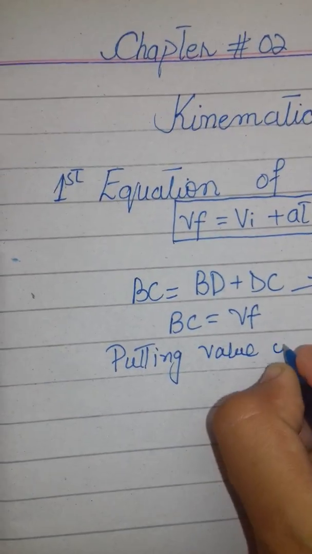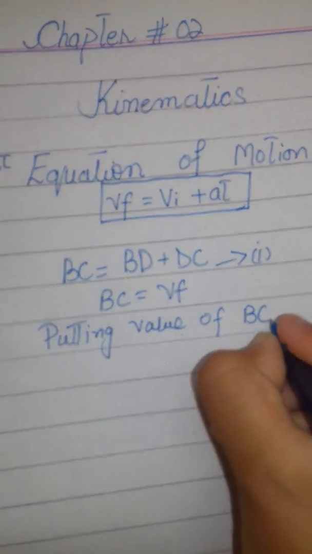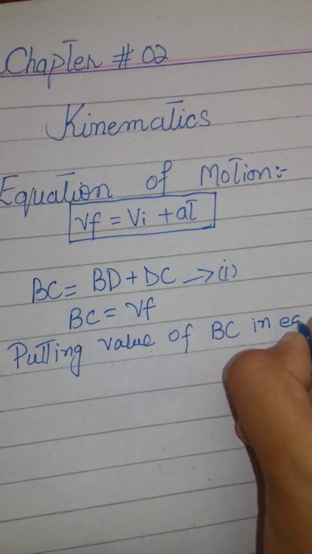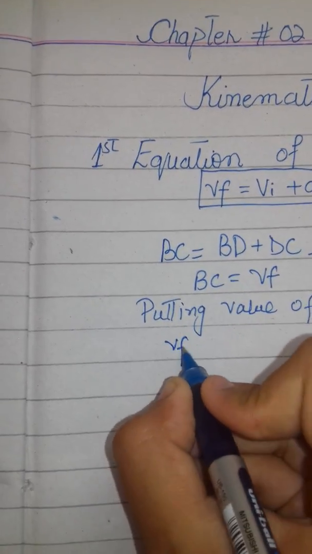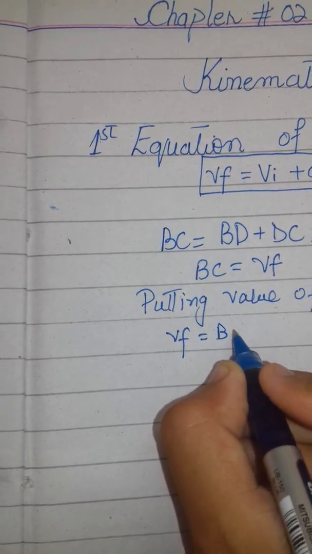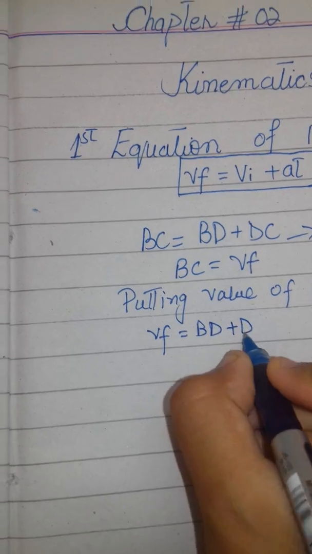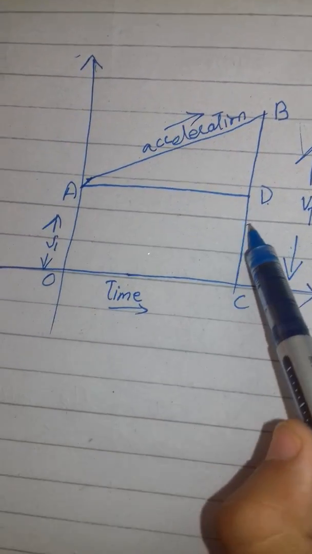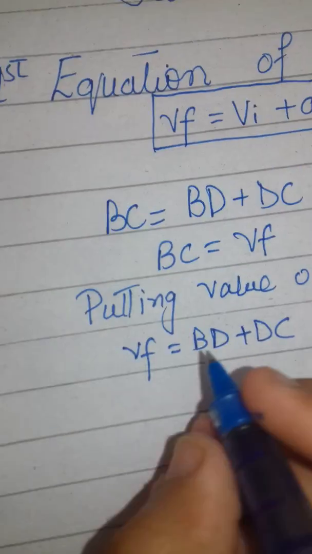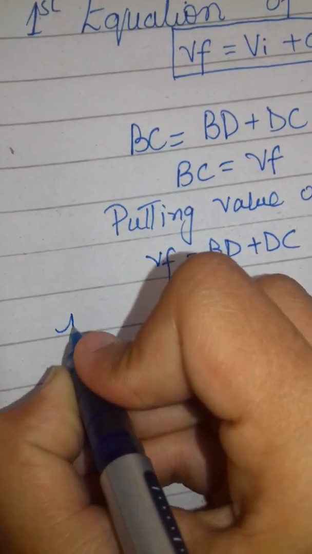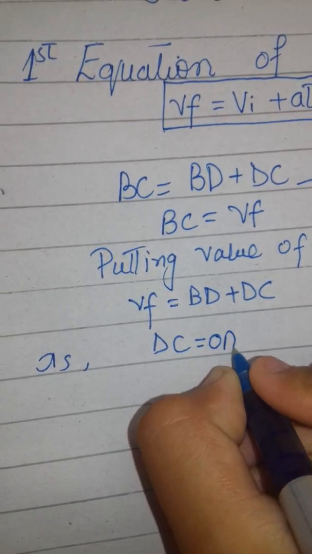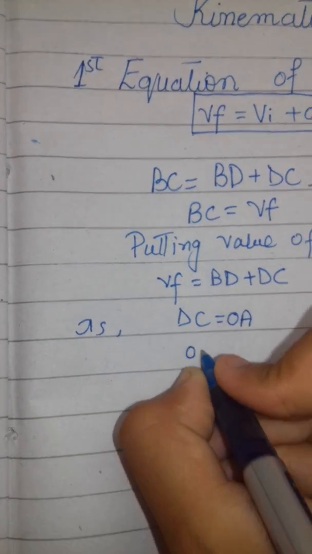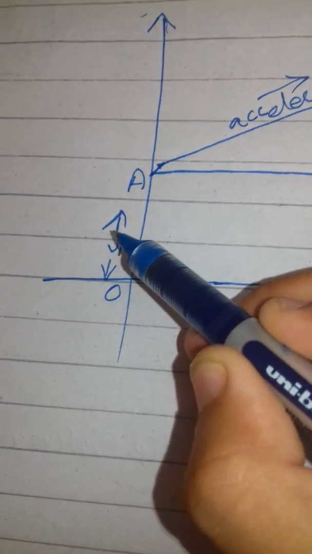Putting the value of BC in equation 1, we get Vf equals BD plus DC, as DC is equal to OA. And what is OA equal to? OA is equal to the initial velocity.